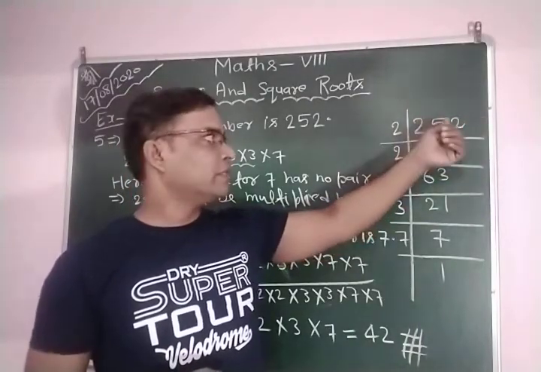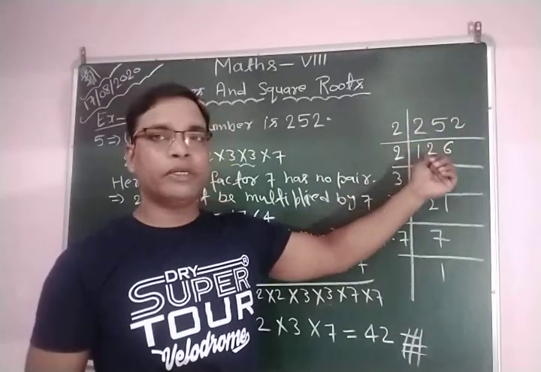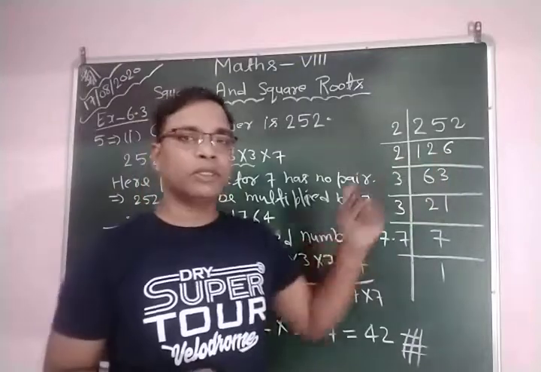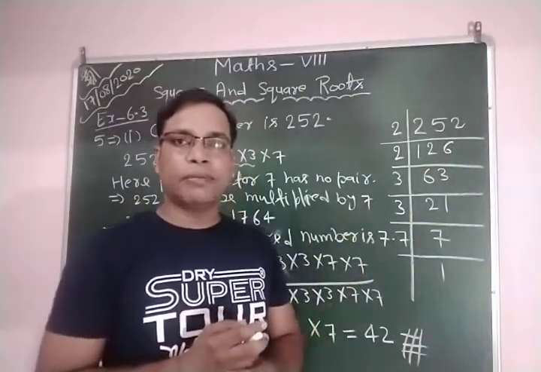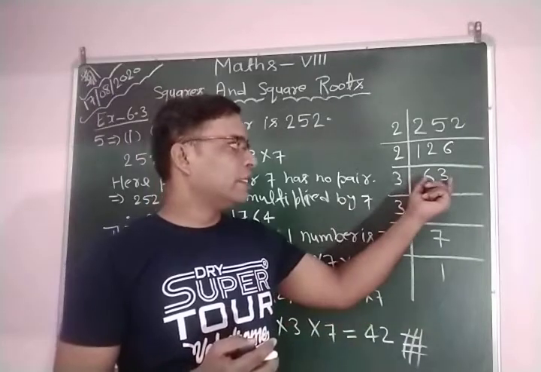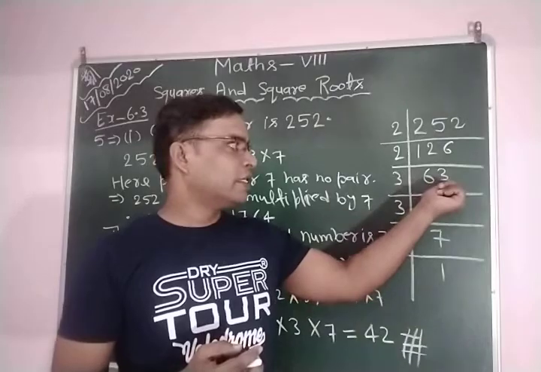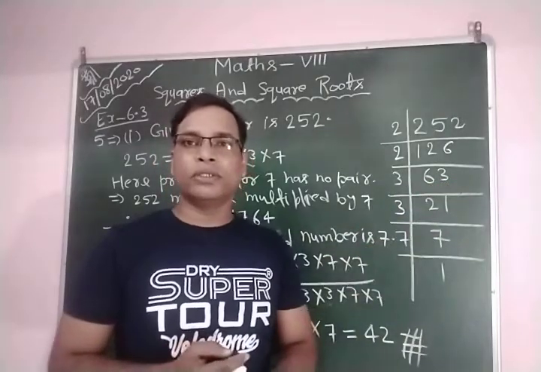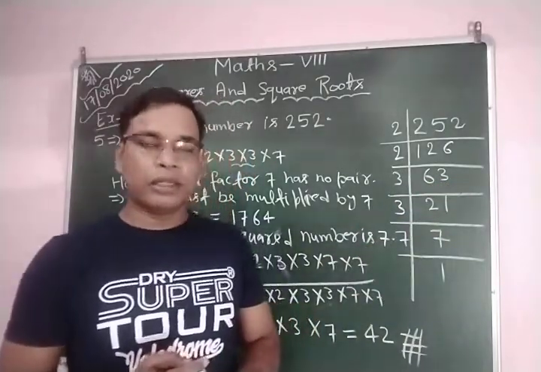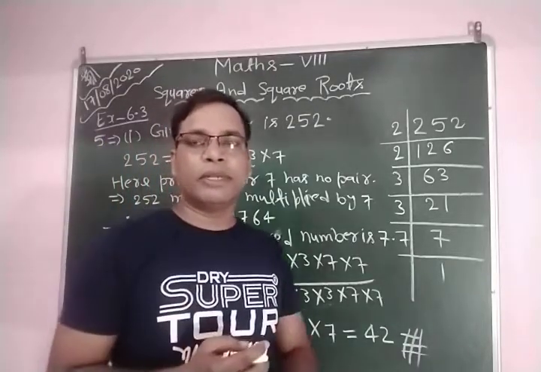We divide 252 by 2 and obtain the quotient 126. Again we divide 126 by 2 and obtain the quotient 63. Now 63 is not divisible by 2 because its unit digit is odd. Which smallest prime number divides 63?